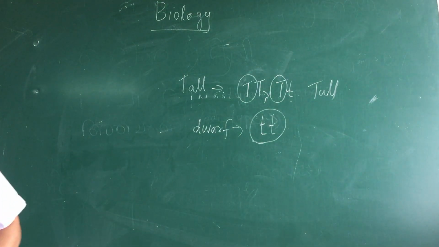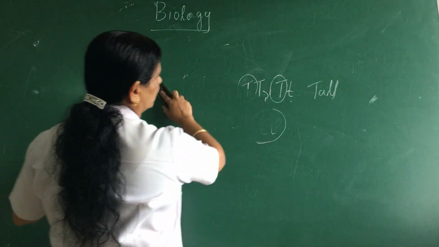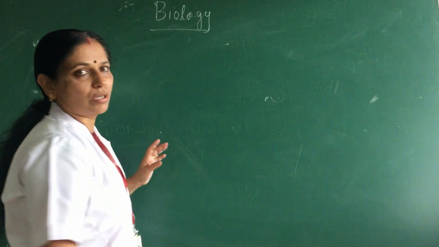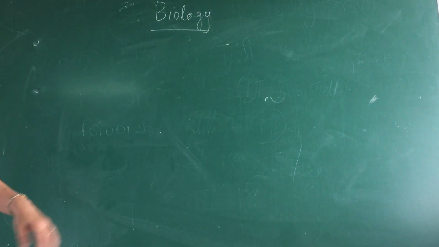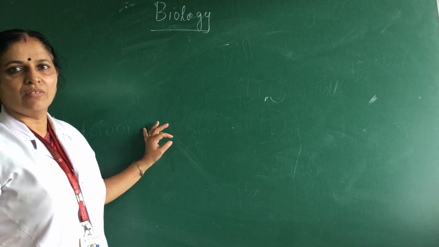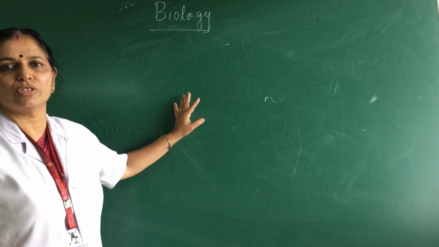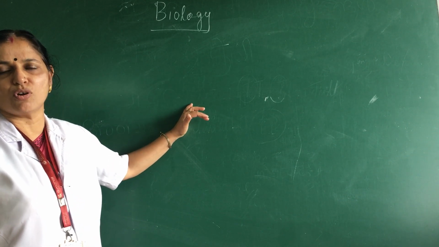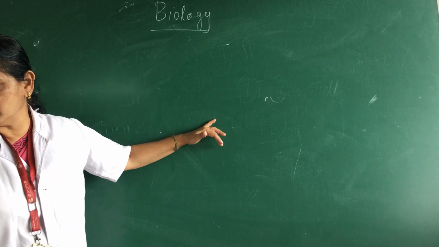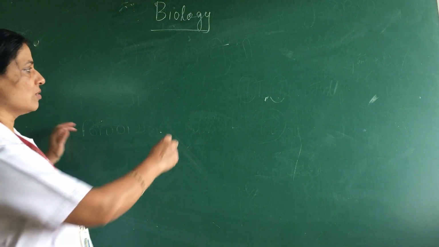And the next one is what we mean by first filial generation or F1 generation. When two parents cross to produce an offspring or a small progeny, two words are used there, progeny or offspring.